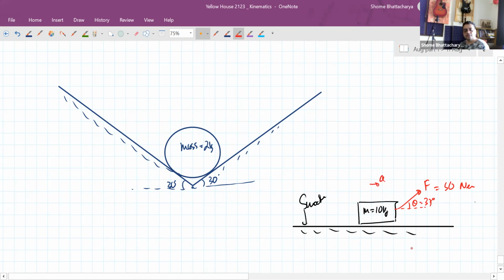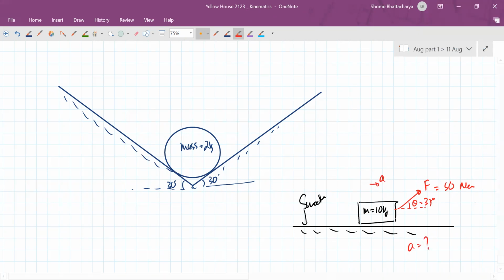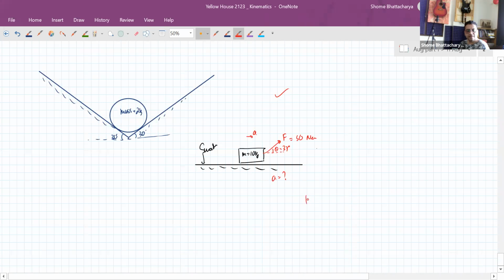Then can you find the acceleration of the block? Yes, sir. This type of question you can do? Yes, sir. So what we will apply in this question is that net force is equal to mass into acceleration. Right? So you see that on this body, how many forces are actually acting?